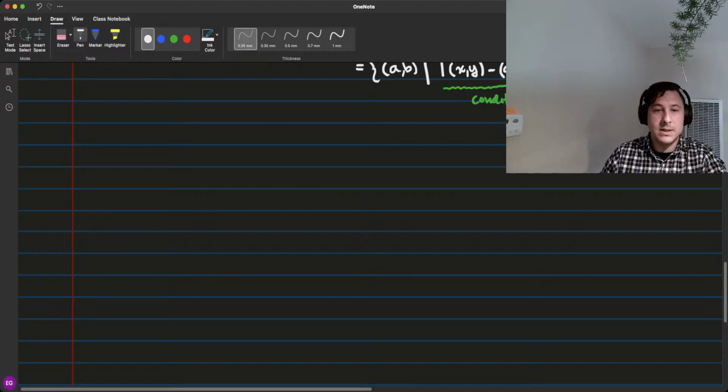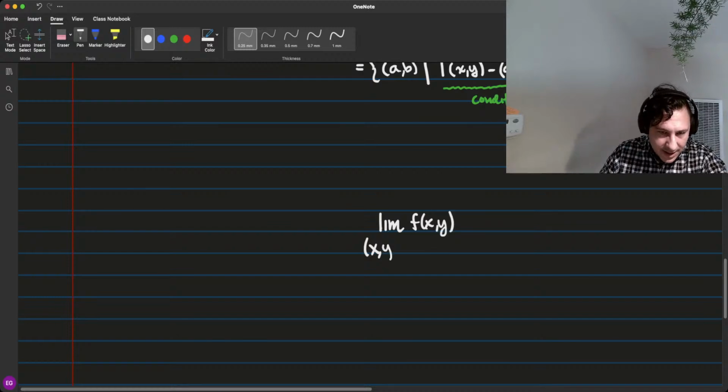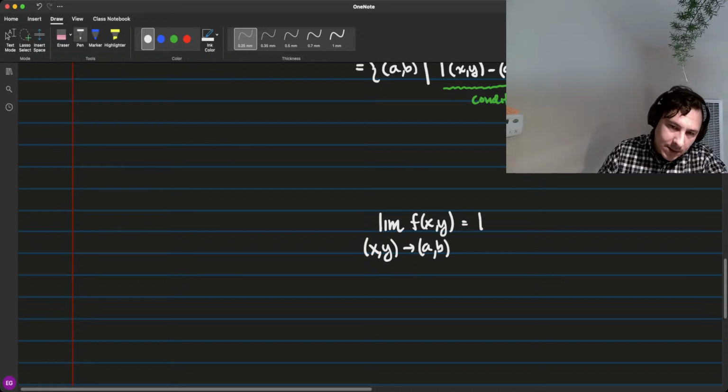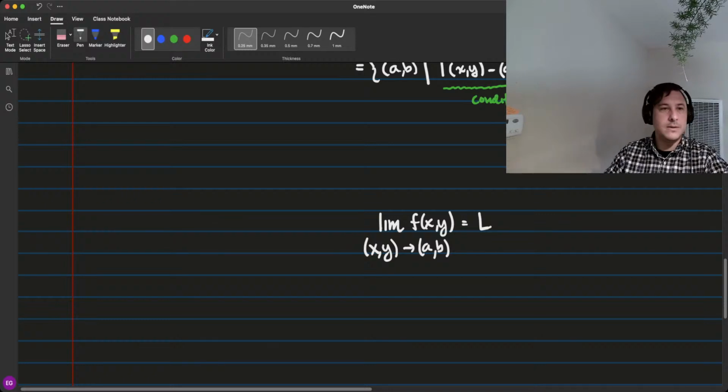Let me write the limit statement first. You have the limit of f of xy as xy approaches a comma b. That's equal to L. Okay, so what is this telling you?